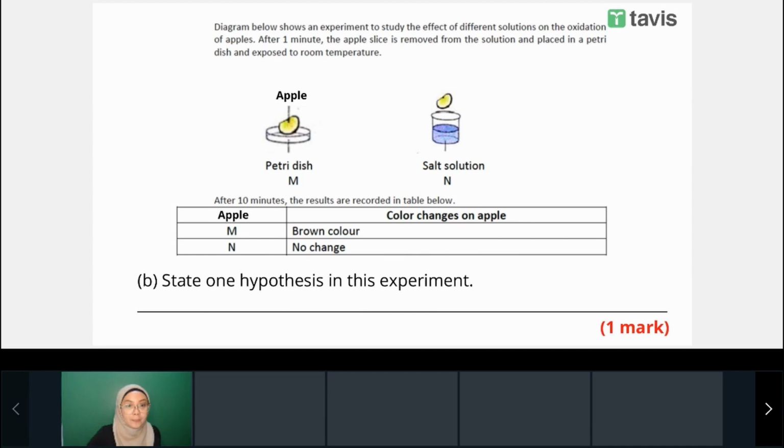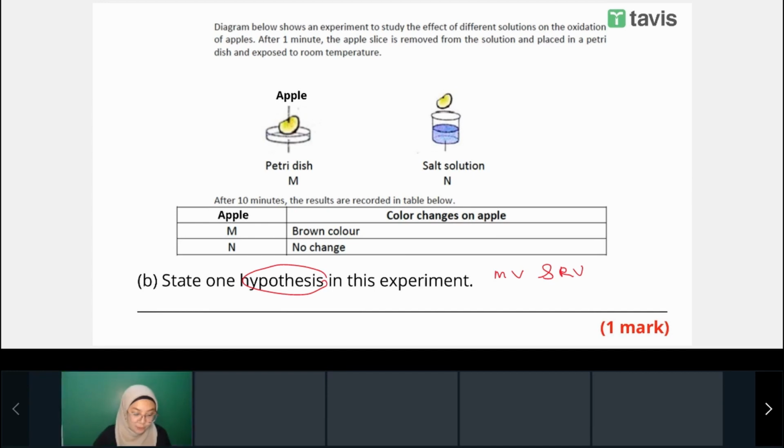Now we go to the second question, question B. State one hypothesis. For a hypothesis, you have to state the relationship between MV and RV.